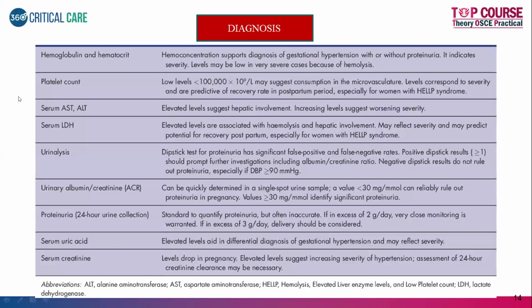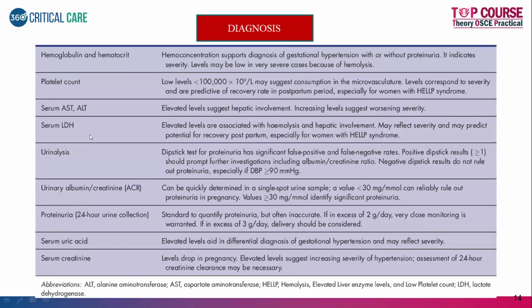So what are labs you need to send in any suspected case of preeclampsia? Okay, so you need to send your CBC. Usually if there is hemoconcentration, it supports the diagnosis of your gestational hypertension without proteinuria. Then platelet counts, if it is less than 1 lakh, then yes, this patient might even be going into HELLP syndrome. Your liver enzymes will usually be elevated.